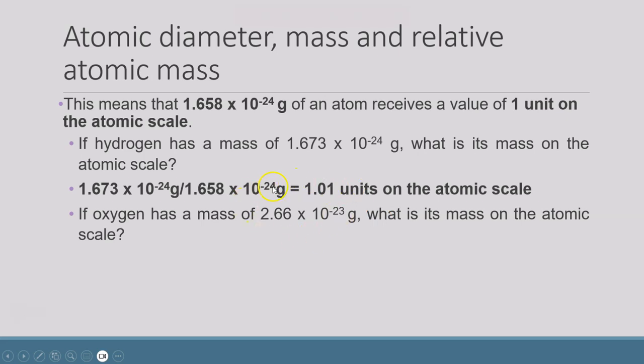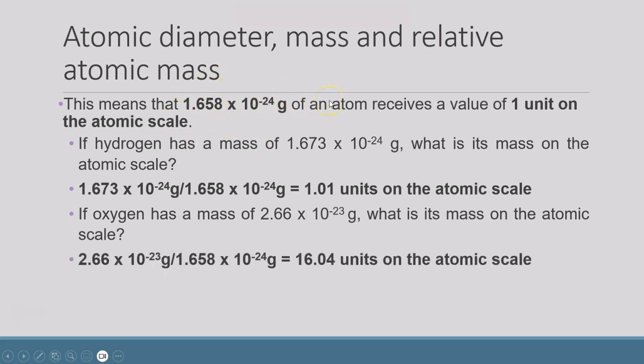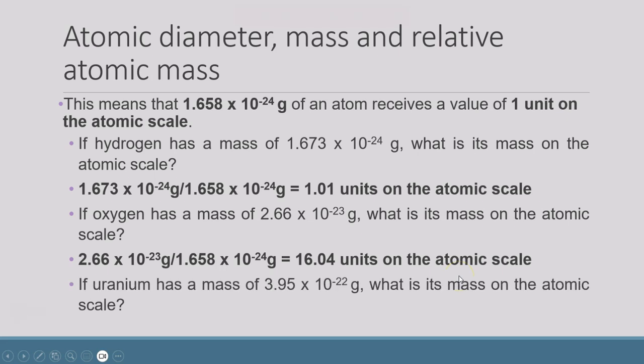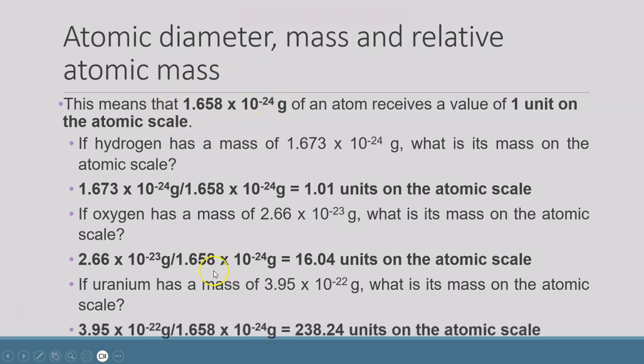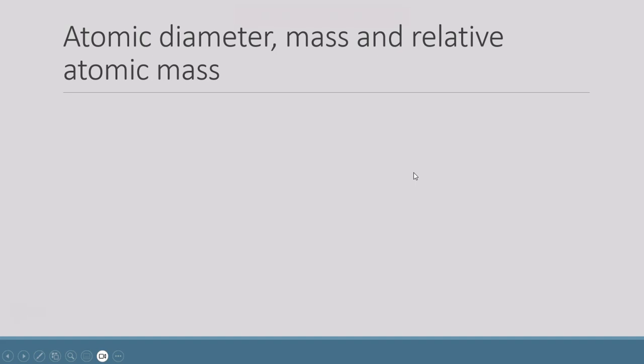Here we have the real mass of oxygen, and if we divide it by the mass of 1 unit on the atomic scale, then we get a value of 16.04 units. And let's try uranium. We take uranium's real mass and divide it by this value over here, and we get a value of 238.24 units on the atomic scale.